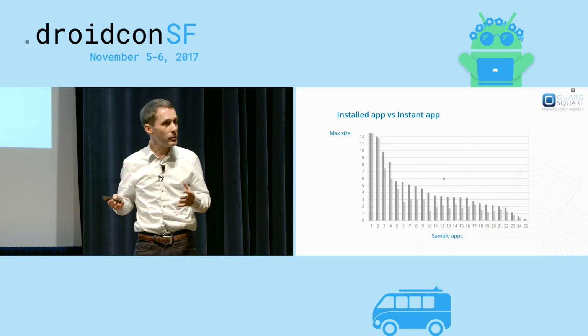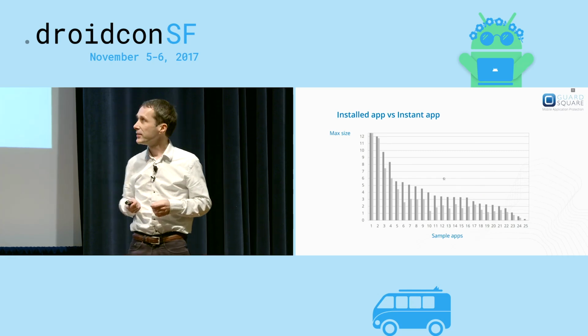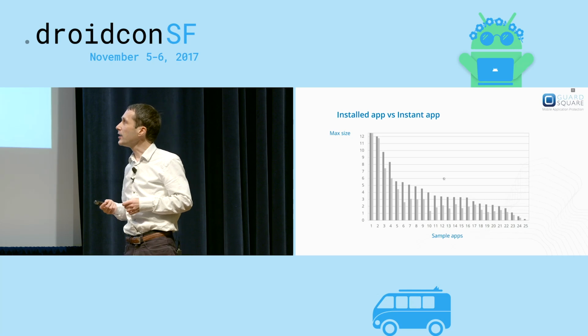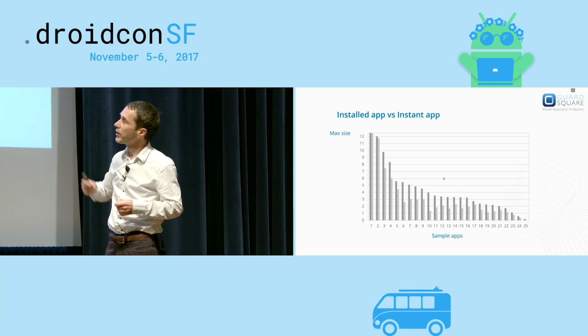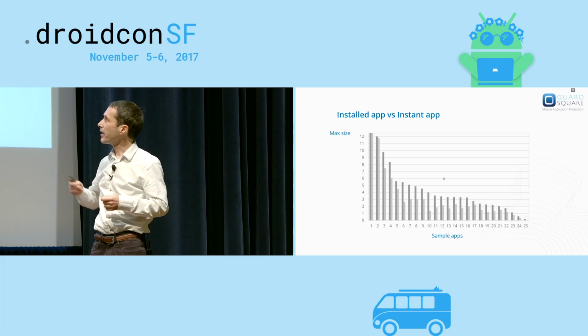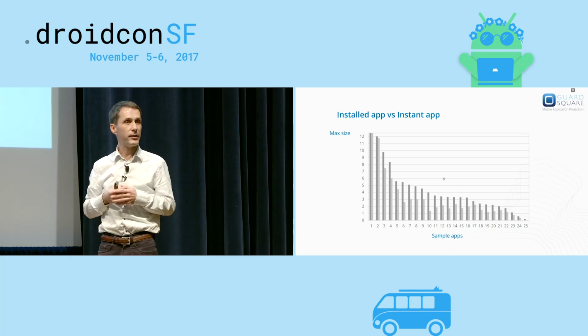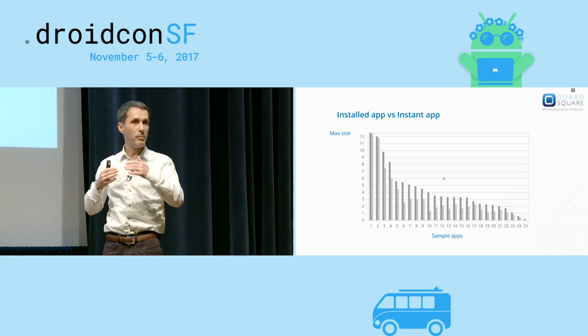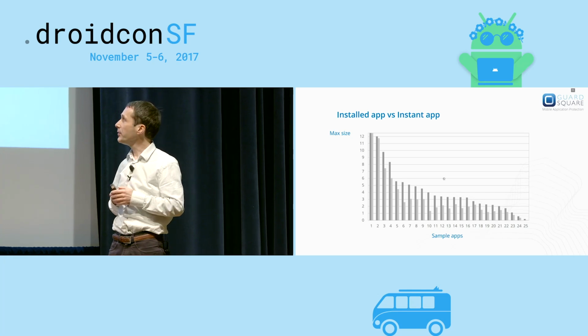And I tried to summarize the results of this experiment in a single graph. On the left-hand side, each time, the dark gray bar is the initial size of the installed app, and the light gray bar is the size of the instant app. So the maximum size that I showed earlier.